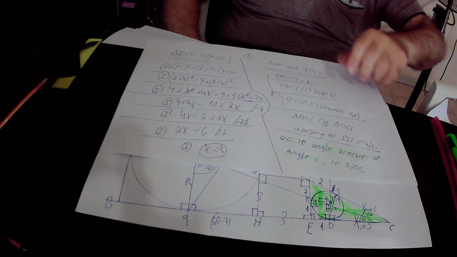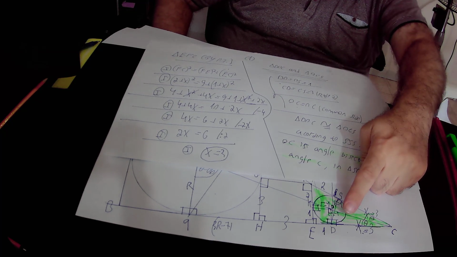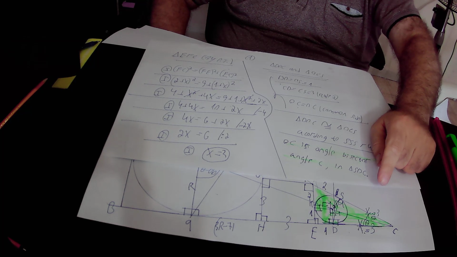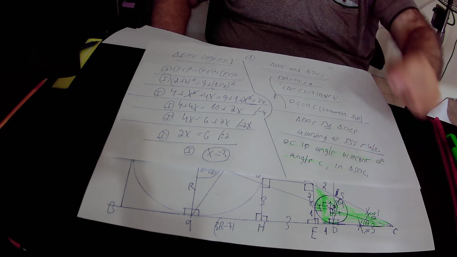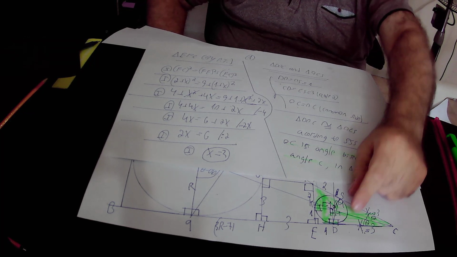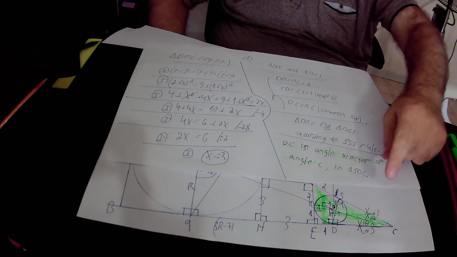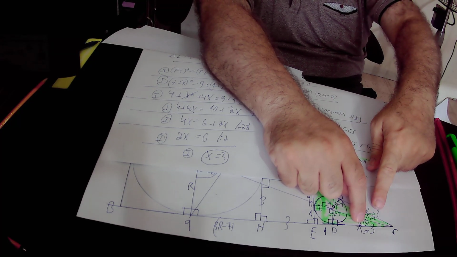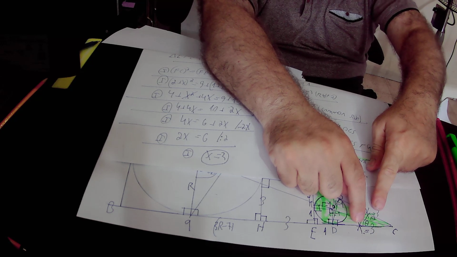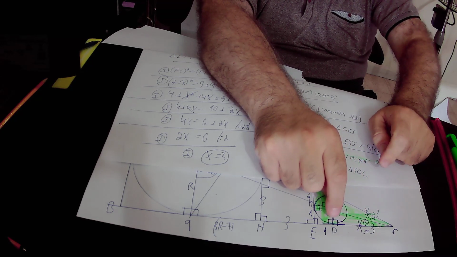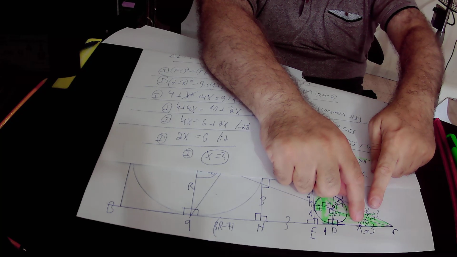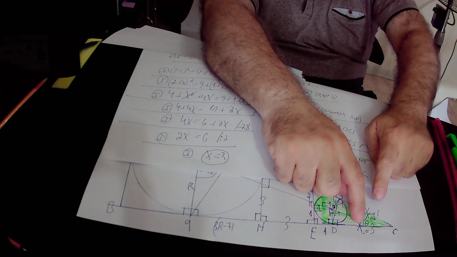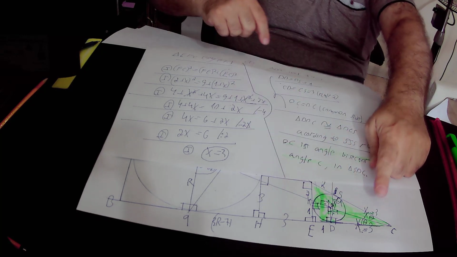Then we join points S and D together by a straight line. From the fact that those two triangles are congruent, we derive that those two angles must be equal to each other, according to the rule that corresponding angles in congruent triangles are equal. So if one angle is theta, then the other angle is also theta.